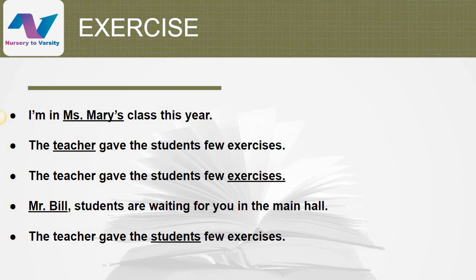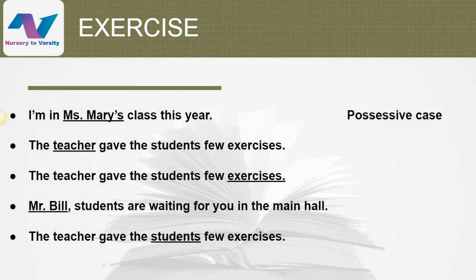For the first sentence, I am in Miss Mary's class this year. Tell me, what is "Miss Mary's" indicating over here? As the class has a relationship with Miss Mary's, basically a possession or an ownership we can say. So this is all about possessive case here.